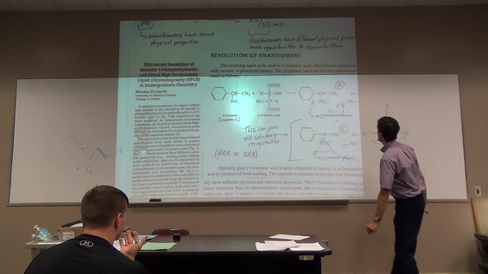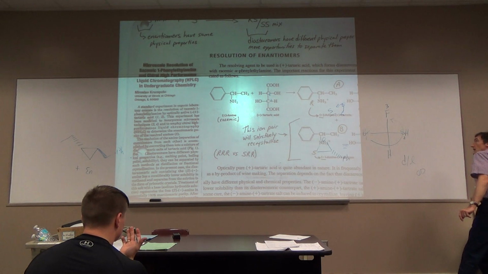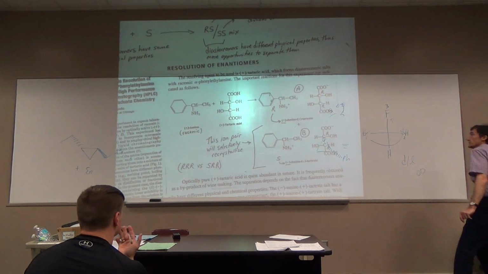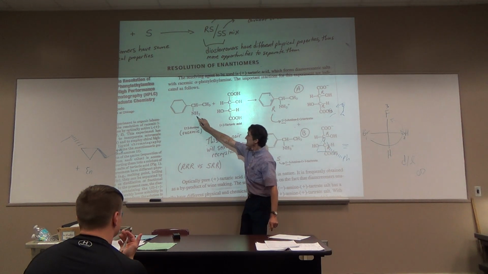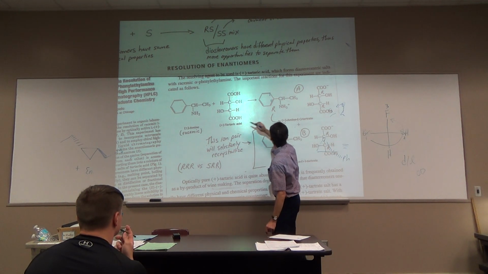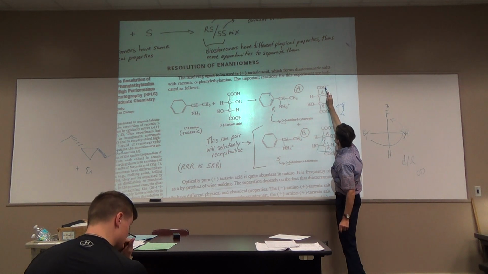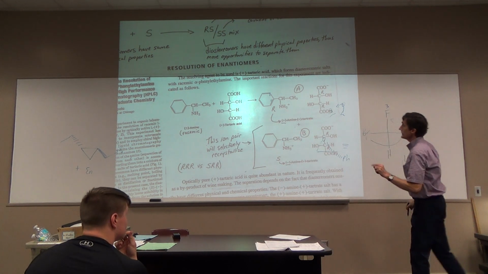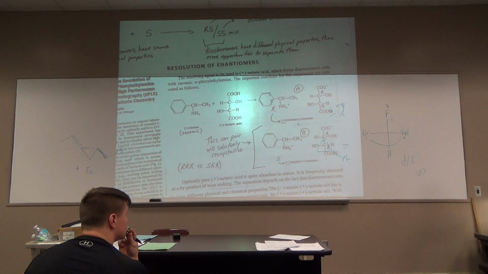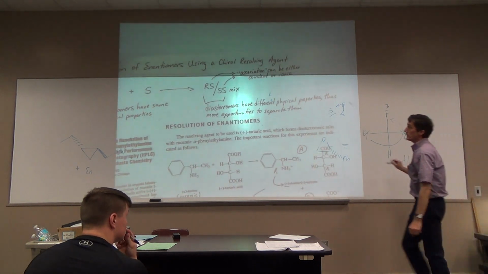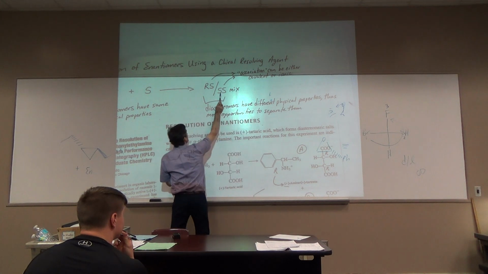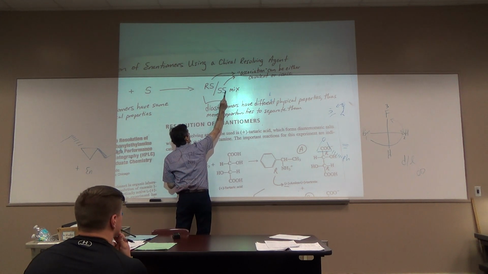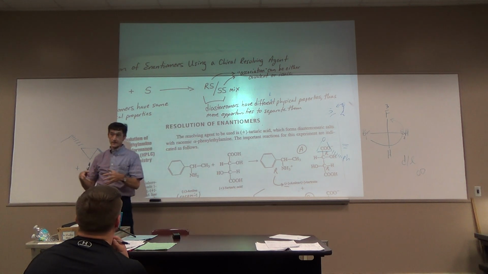When these react by an acid-base reaction, the amine is basic and you've got this carboxylic acid. It reacts with one, and so you make an ion pair. Now, this isn't something we have to note. When we combined and made these up here, you may have assumed that this combined covalently.